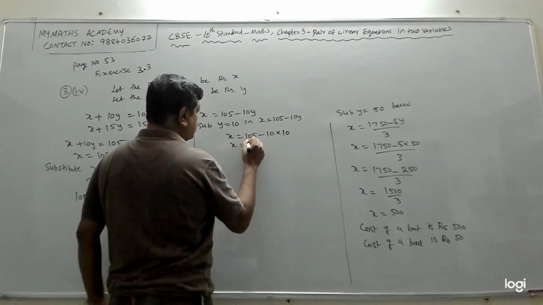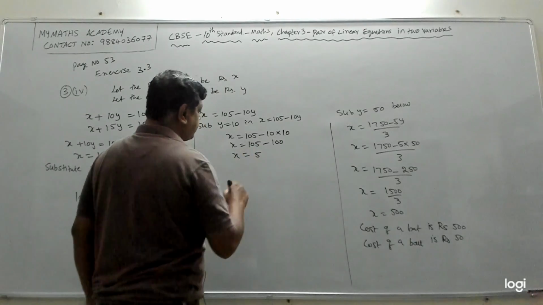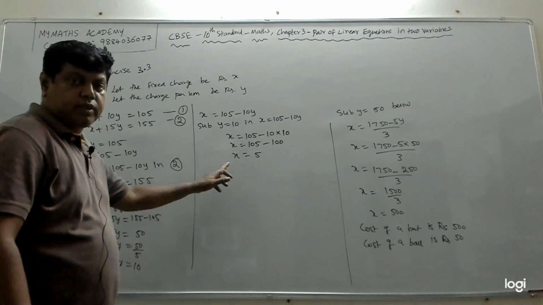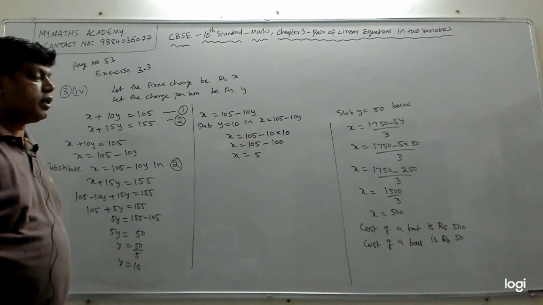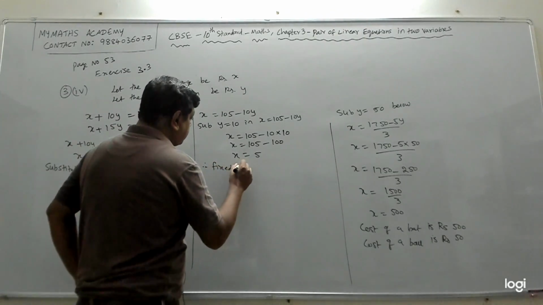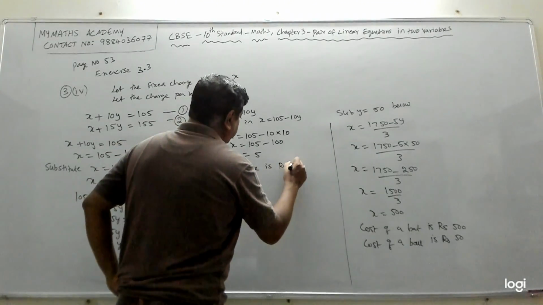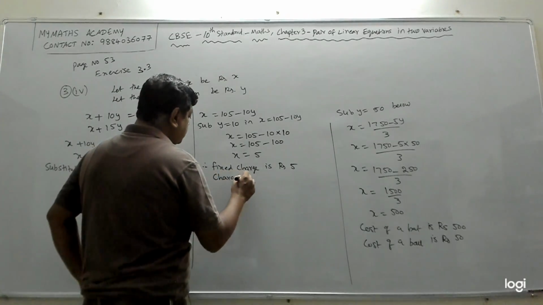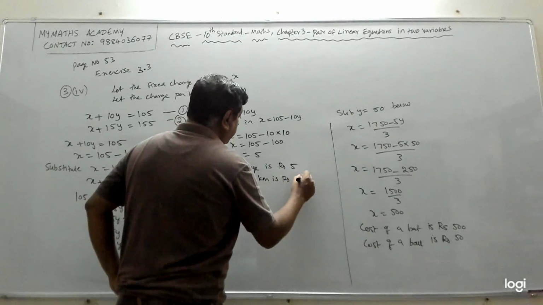So my x becomes 105 minus 100, which is 5. And therefore the fixed charge is 5 rupees and the charge per kilometer is 10 rupees. Right? So we'll say therefore fixed charge is rupees 5 and charge per kilometer is rupees 10.